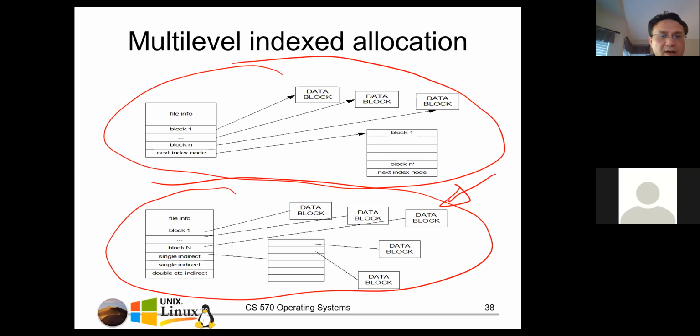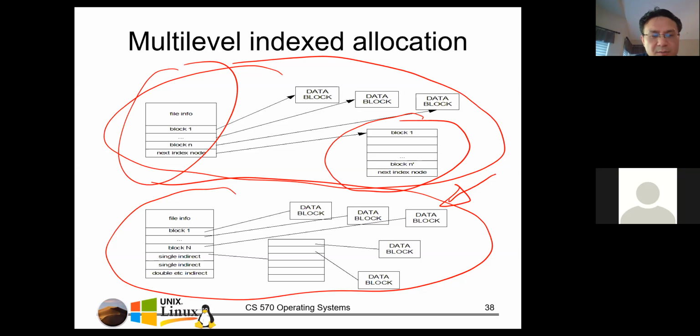The one on the top, you will have the direct blocks, and the last entry in the inode would point to another similar structure as the root node. But the extension at the bottom is essentially different.